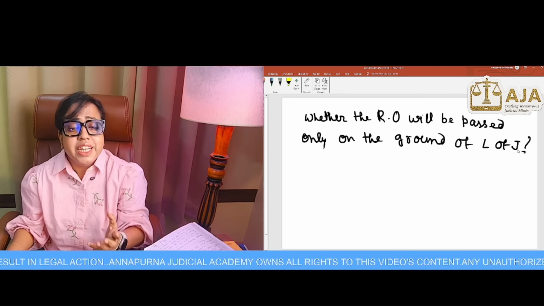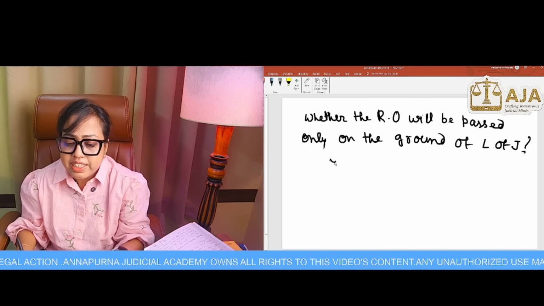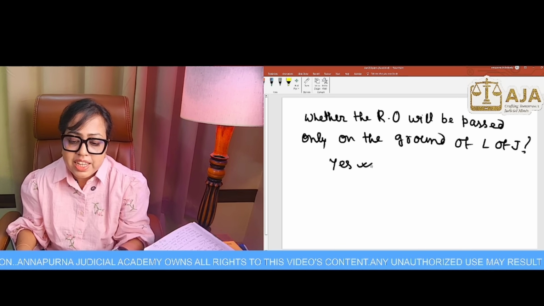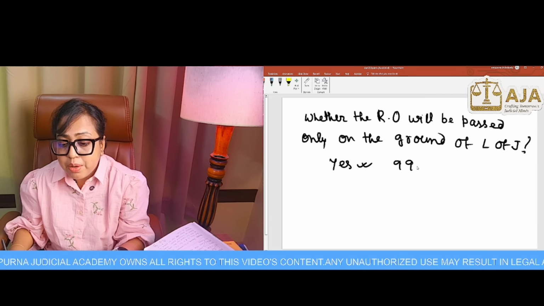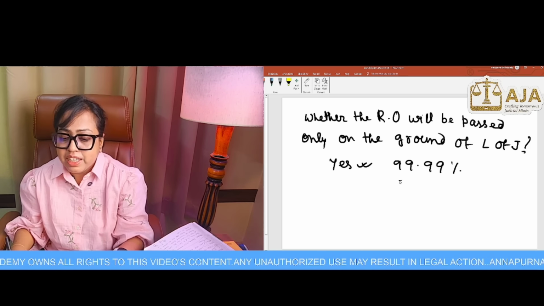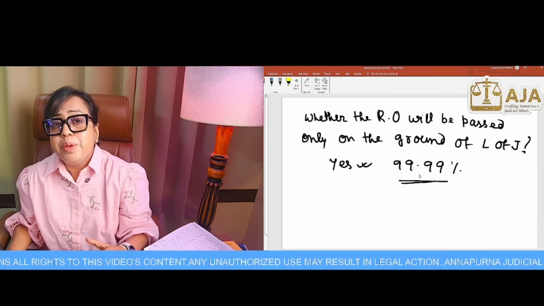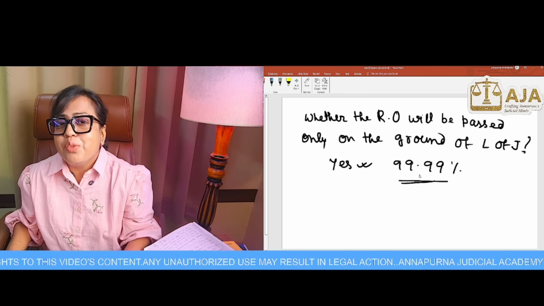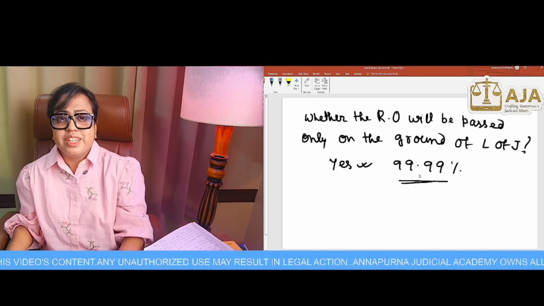Generally the answer is yes. In 99.99% of cases, a return order will be passed only on the ground of lack of jurisdiction.